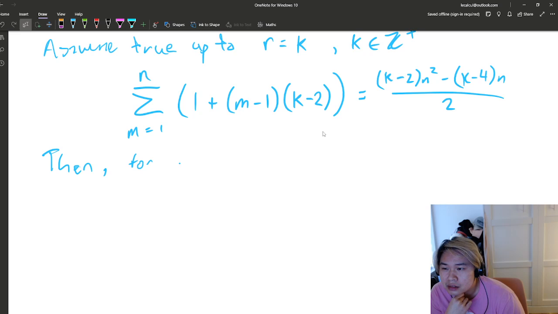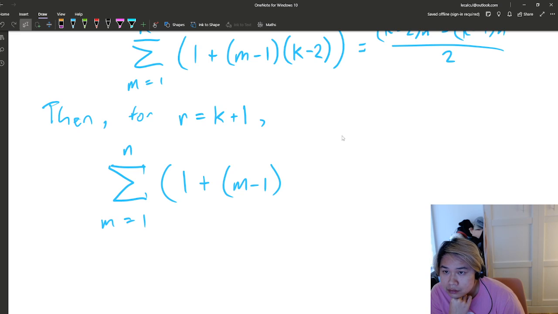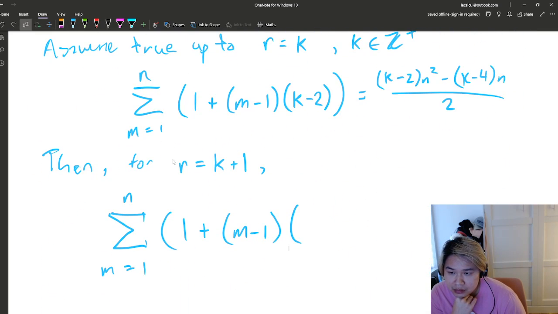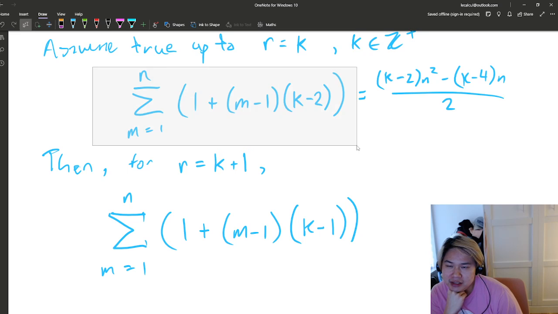And then for r being k plus 1, okay, k plus 1 means that we'll have this k minus 1, and then we want this to show up in there.